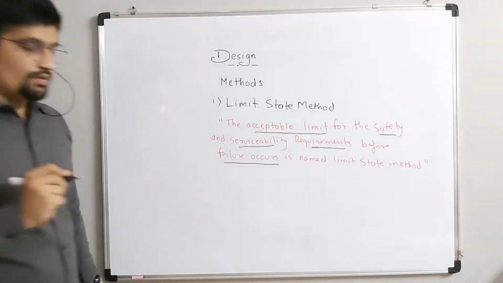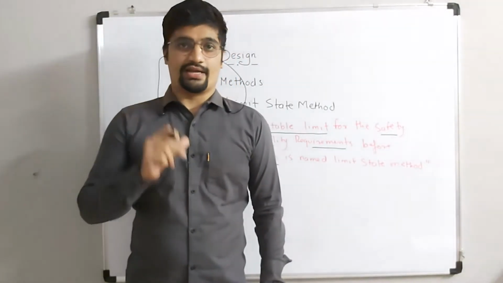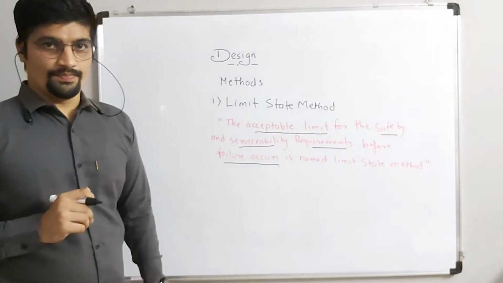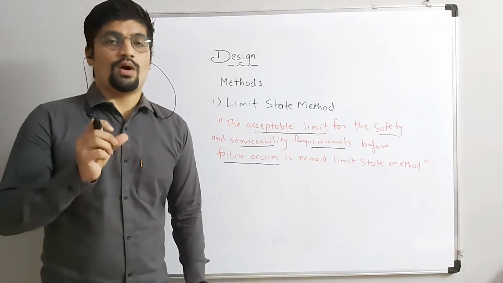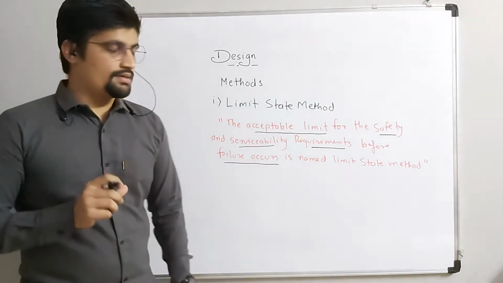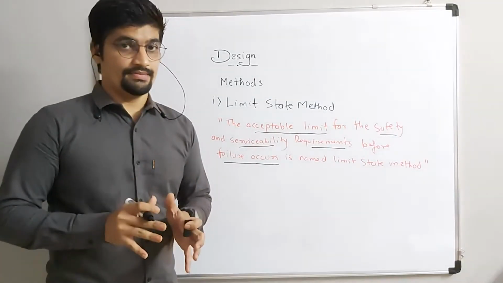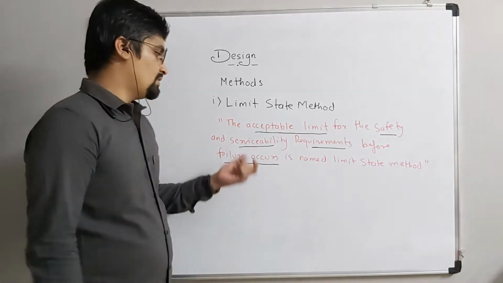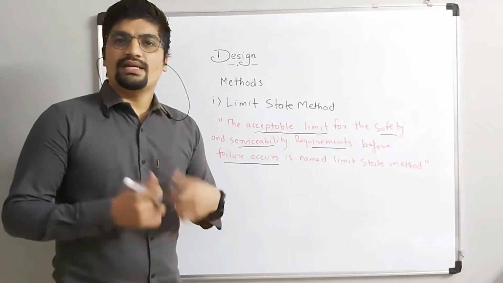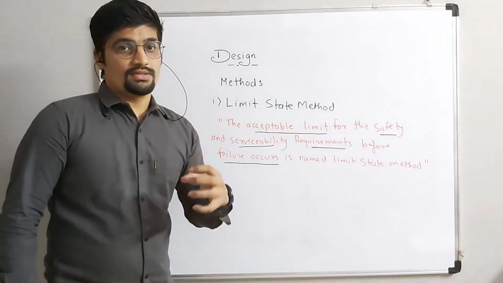It means that the structure should withstand all the loads and all the serviceability criteria throughout its life period. Acceptable means the load should be within the limit. Safety means safety from collapse. Serviceability means from the maintenance. Requirements means all the requirements will be fulfilled.